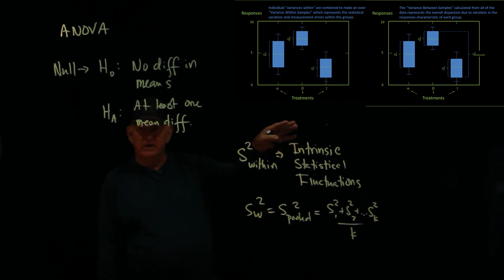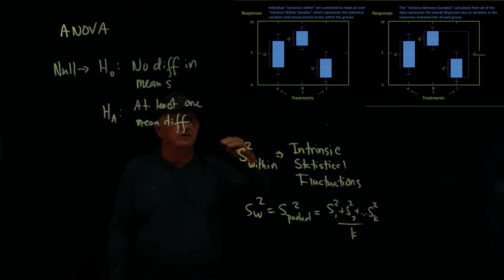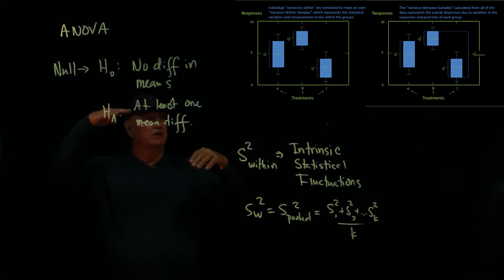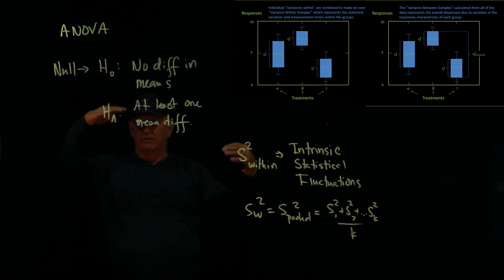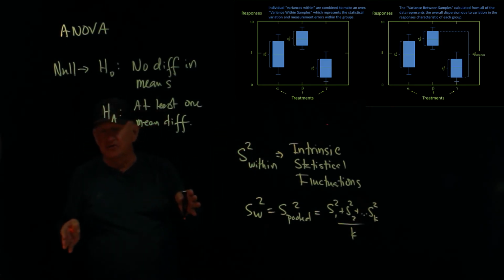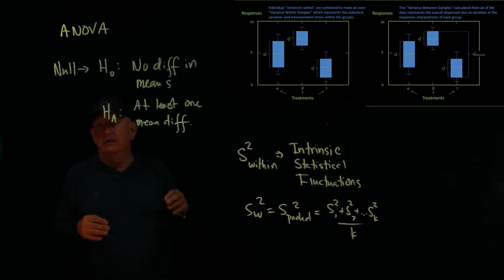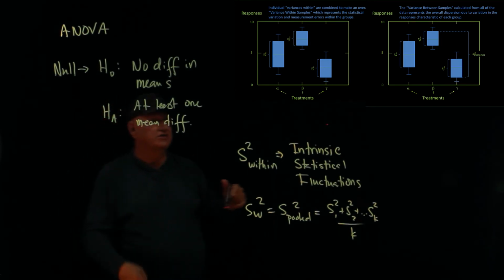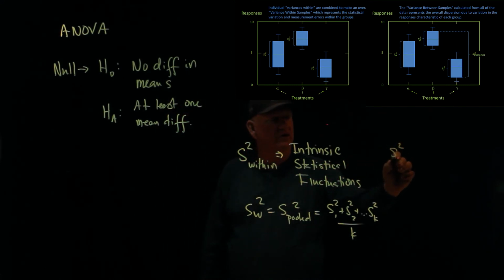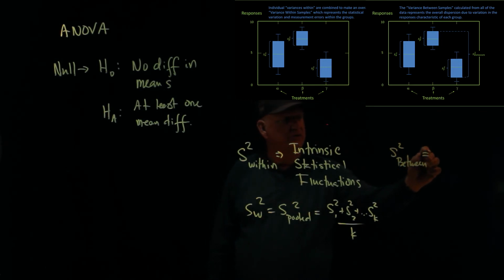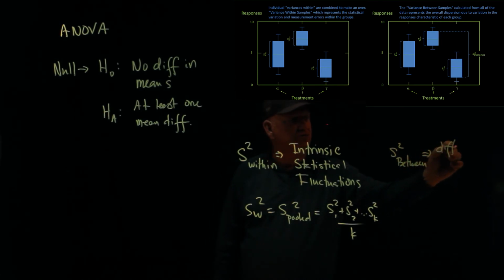So if we go over to the second group now, the second variance is just associated with the means. There's a mean value here, a mean value there, a mean value there. Three different values. If you were to load those into one-variable stats, you would calculate a variance, and it's the so-called variance between. And this is differences due to the treatments.